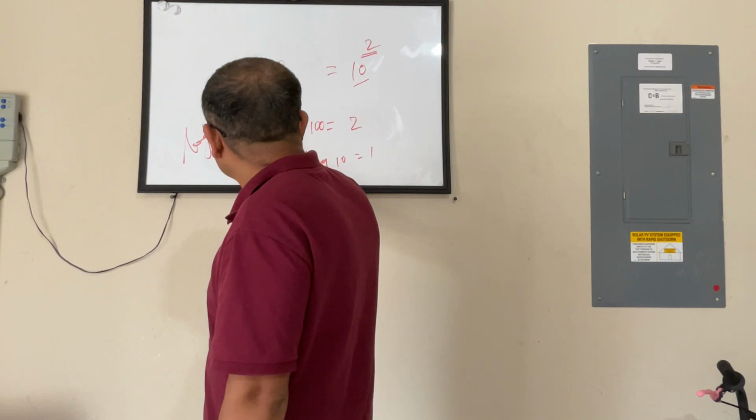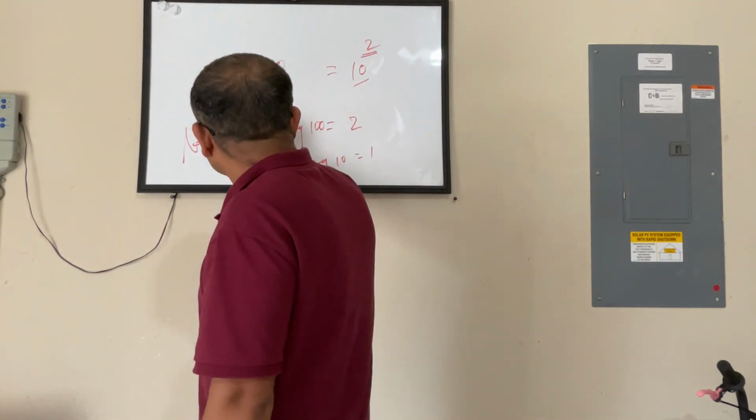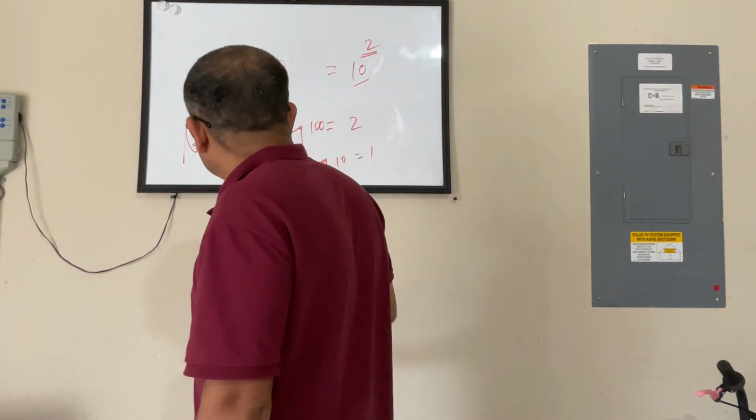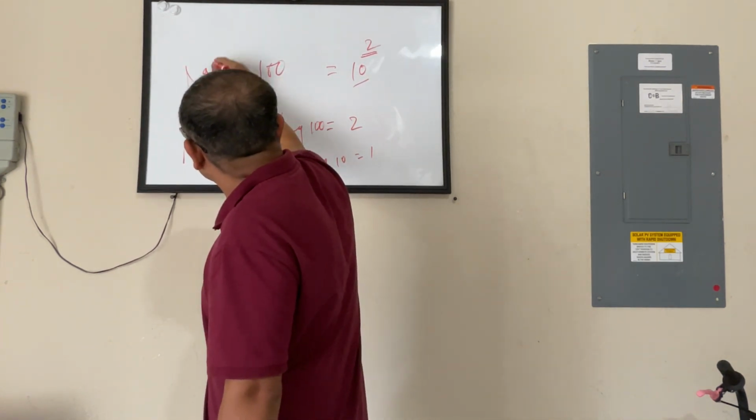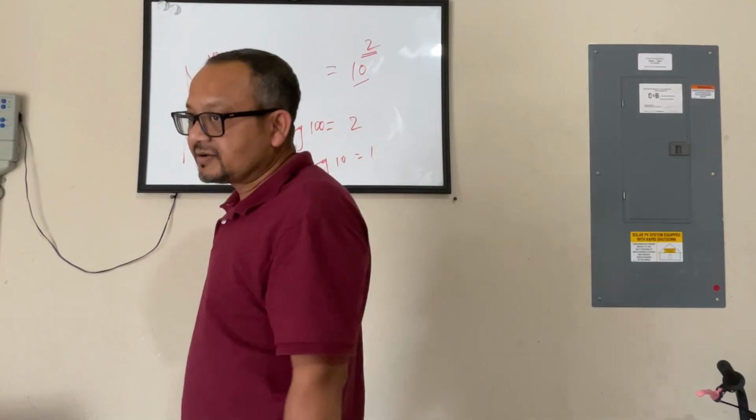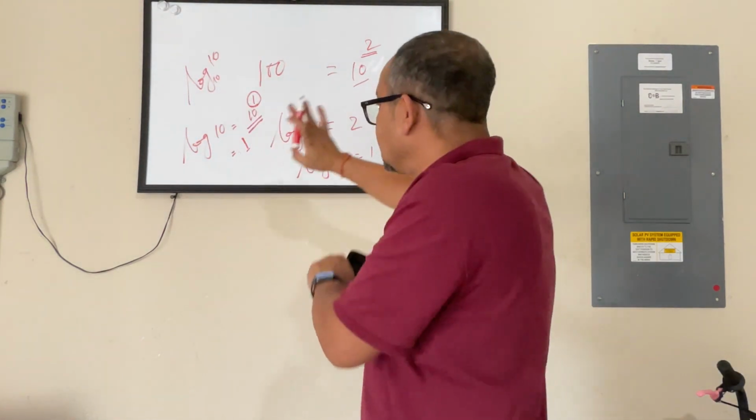They will write only the exponent part. My final answer will be 1 because it is as good as log 10 base 10. That's the way it is interpreted.